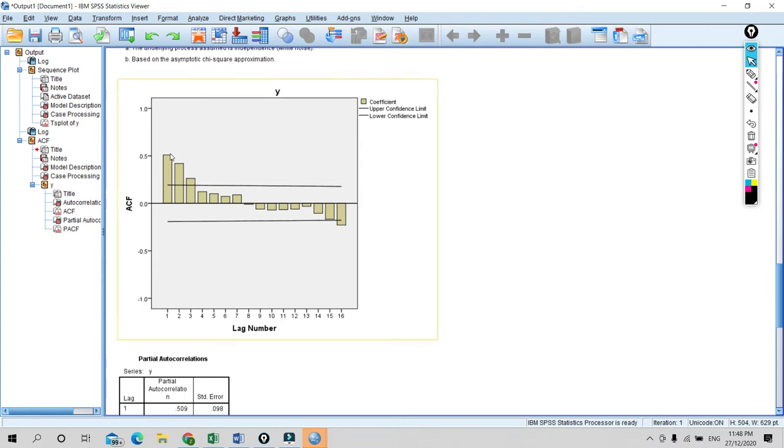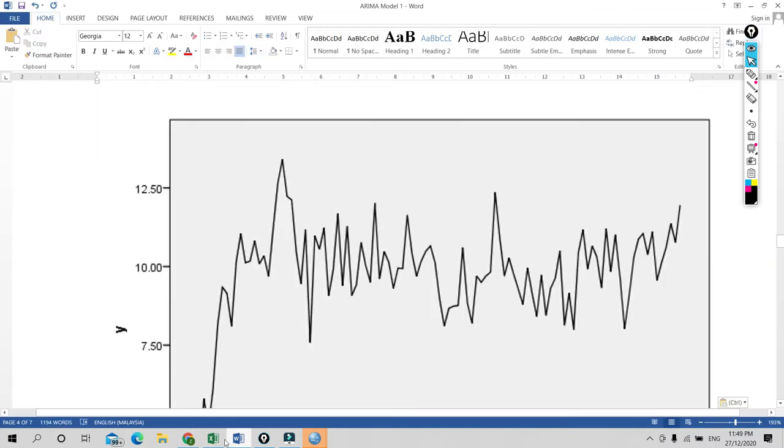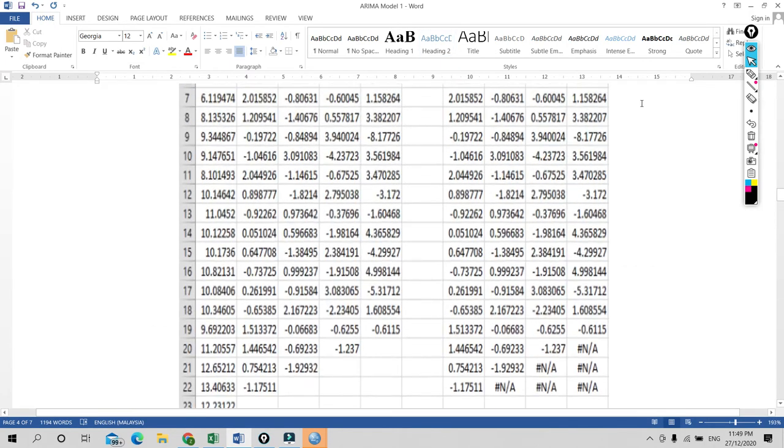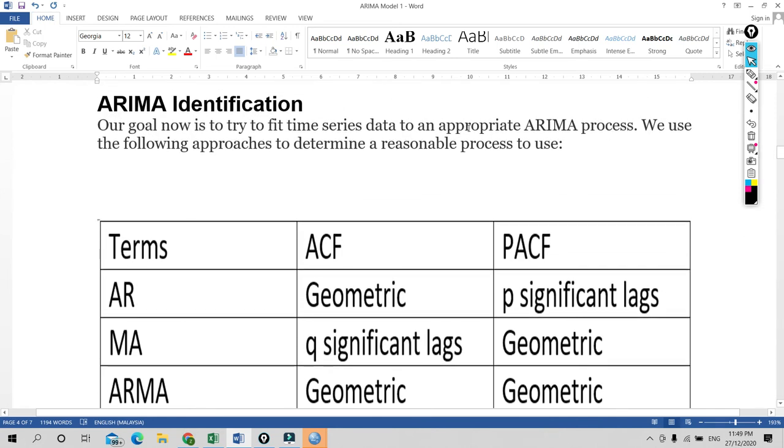So the rule of thumb here for how to pick the model: for the AR model, the ACF is geometric and the PACF has p significant lags. Geometric and p significant lags.